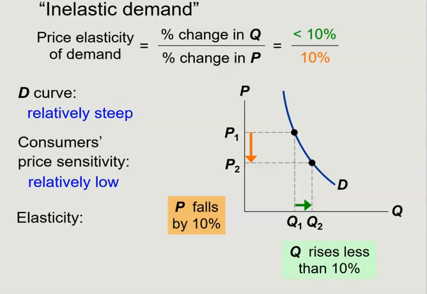So if we go back to the formula on the top of the slide, you would find that it's going to be less than 10%, whatever that number is. Could be 5%, could be 8%, divided by 10%, which is the percentage change in price. So the price elasticity of demand is less than 1.